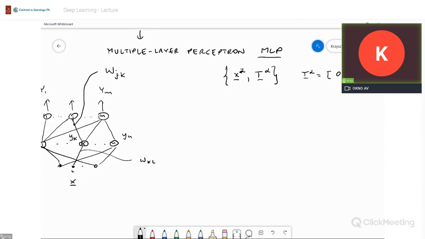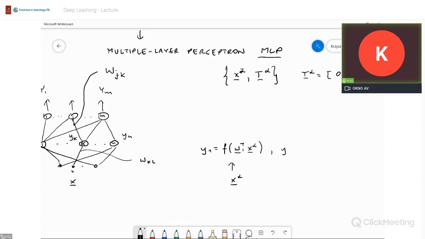What I will be doing is presenting X alpha to the input of my network, and neurons of the first layer will compute their outputs. So neuron number 1, Y1, will compute a value which is a nonlinear transformation of a dot product of its weights and X alpha.